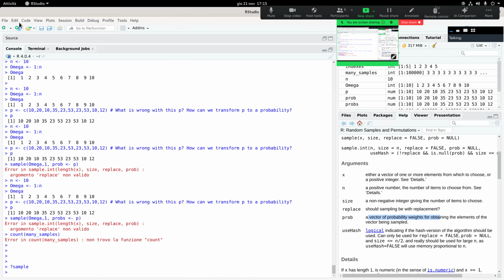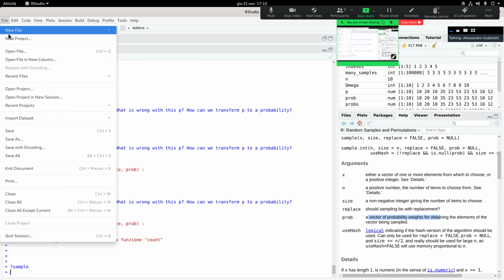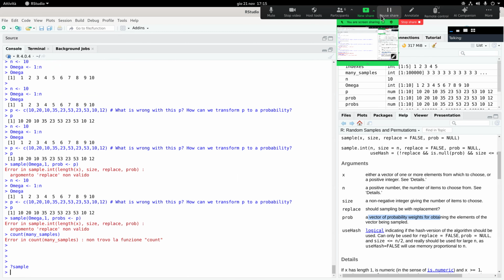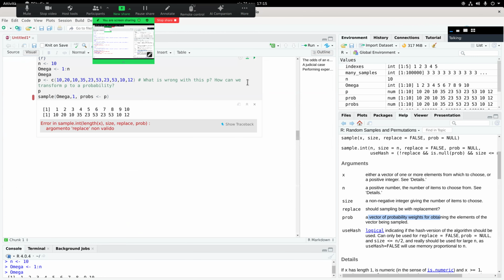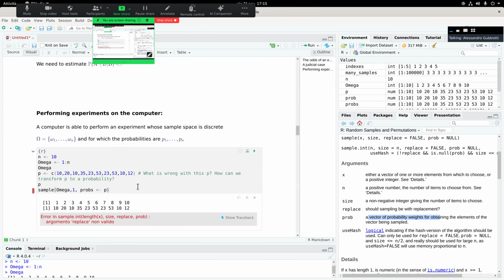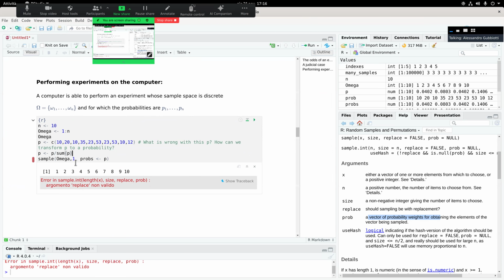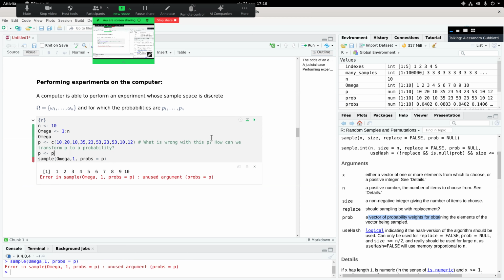Now, why is this not working? Maybe I need to open the file again. Yes, I need to change p and divide it by its sum, not length. Now it's a vector of probabilities.